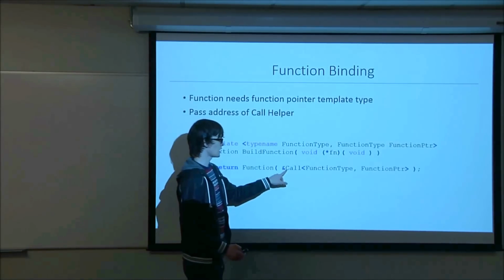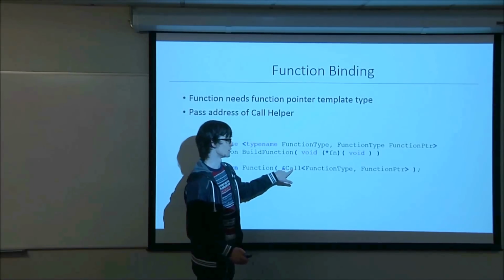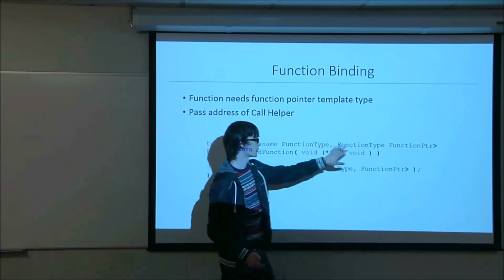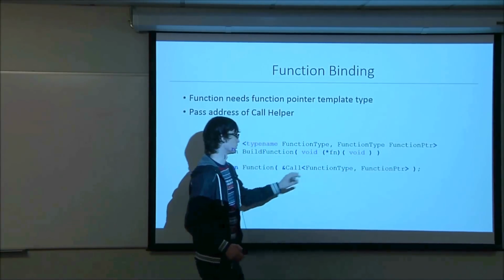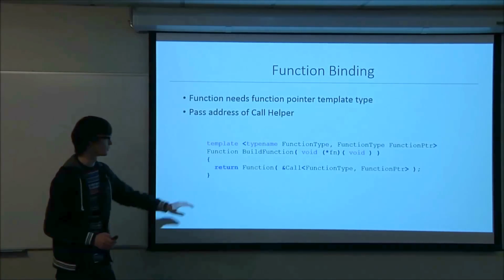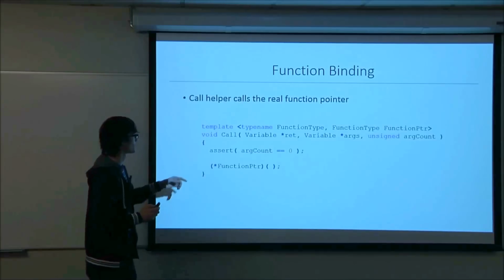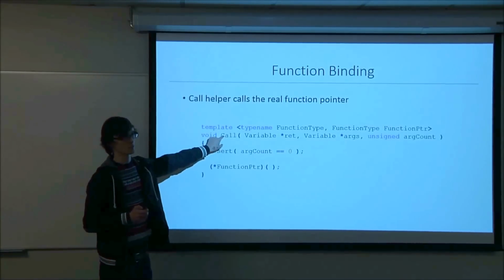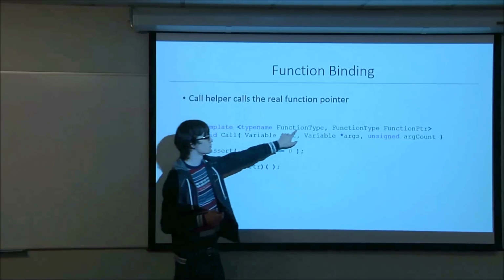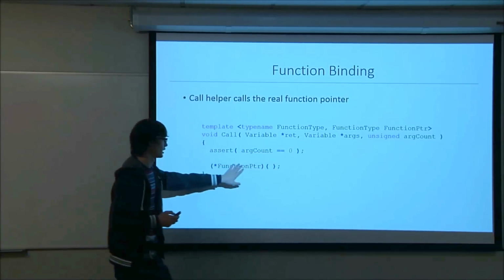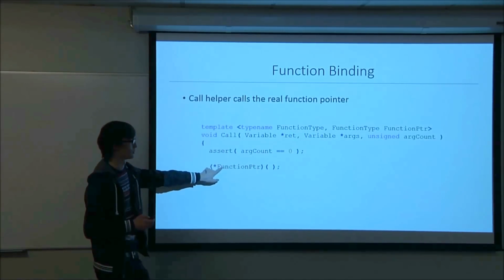So you give it an address of a helper. This helper is just another C function. But you forward these types to the helper. So now whenever your function has the call operator executed, it just invokes this call function pointer here. It has information about the function pointer type, and it calls that function pointer that is a template parameter.